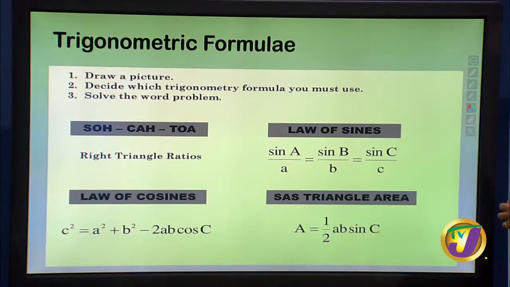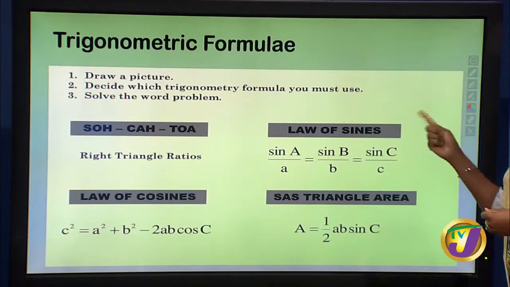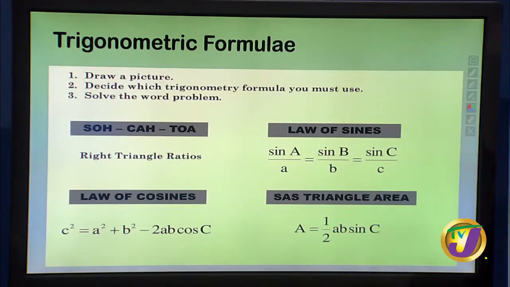If we have two known sides and an angle, then it depends on the location of these, the angle and the length. As it says, if you know a side and its opposite angle, then you would use that.